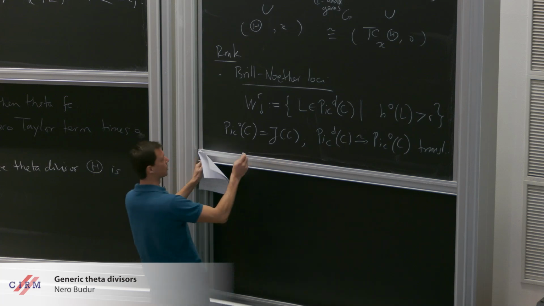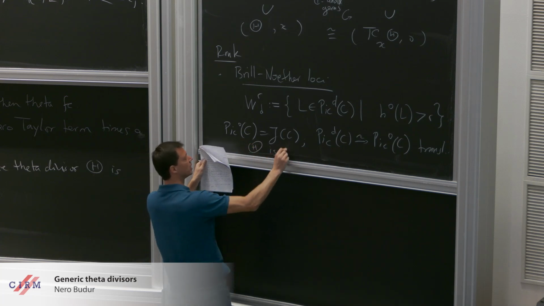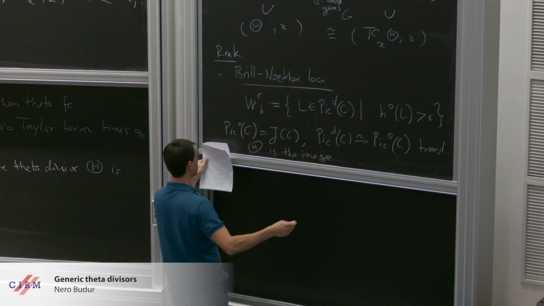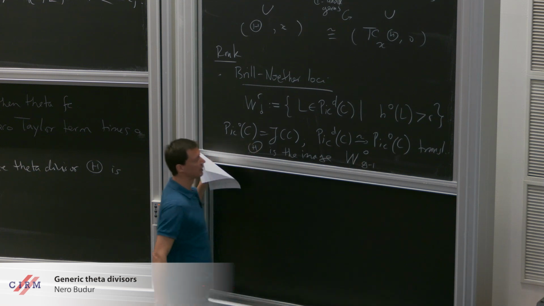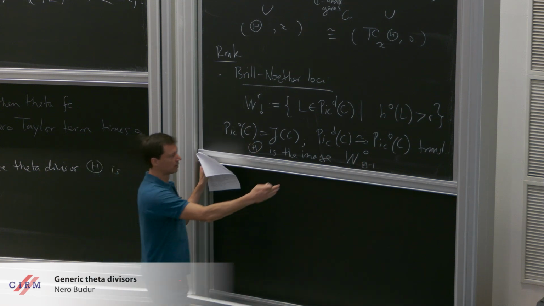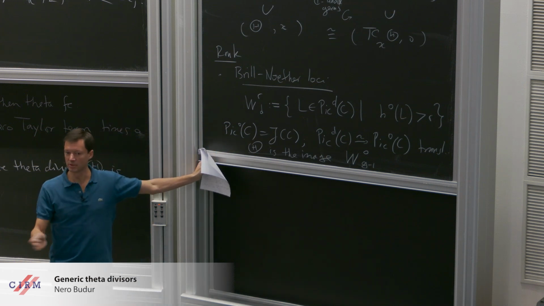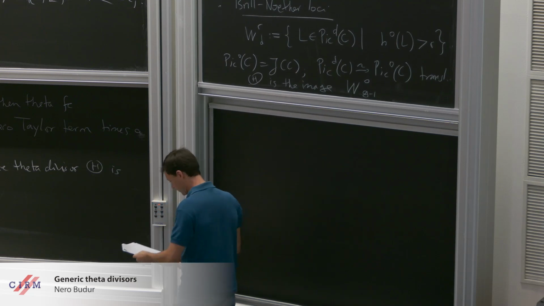Under this translation, the theta divisor is the image, isomorphic with W^0_{g-1}. So when the degree is g-1, this Brill-Noether locus is the same, up to translation, as the theta divisor on the Jacobian.